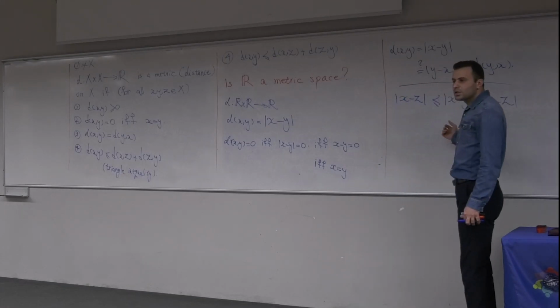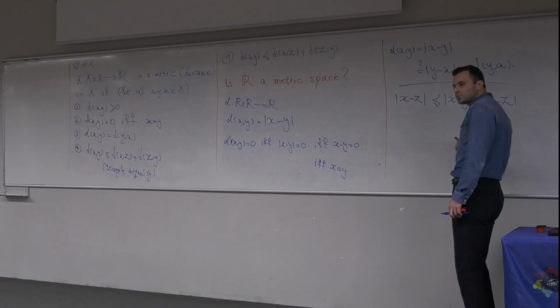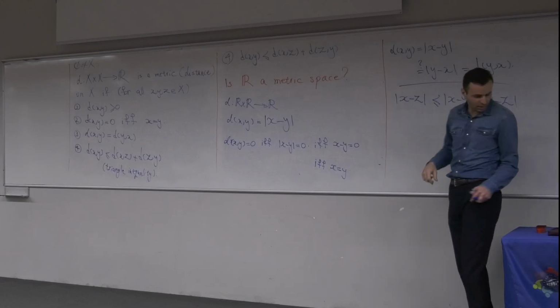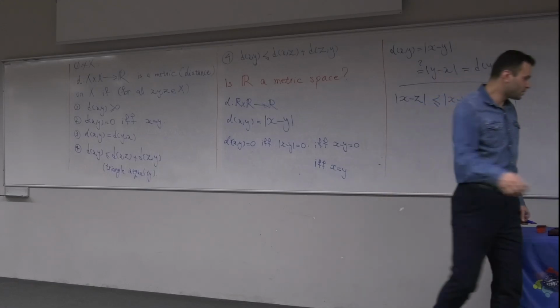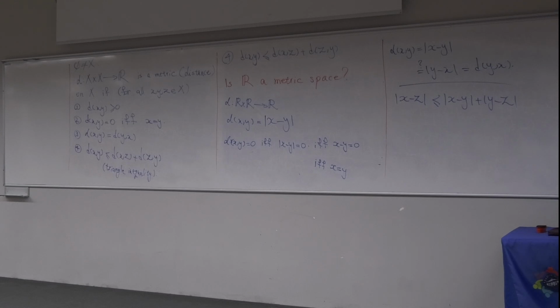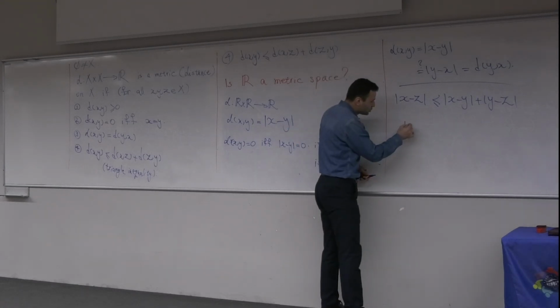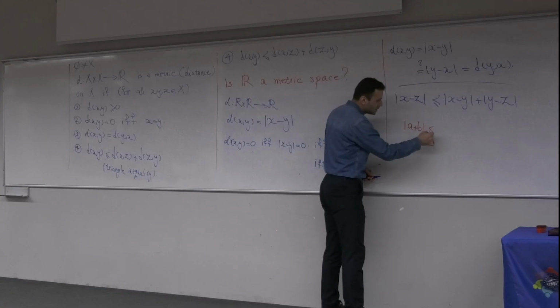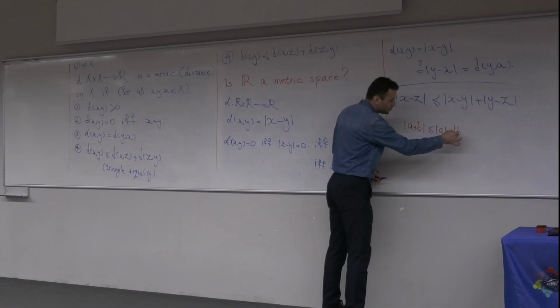What kind of expression did we have before about absolute value less than or equal to absolute value of something plus absolute value of something? That a plus b something. Can you please go back and review that? We said that absolute value of a plus b is less than or equal to absolute value of a plus absolute value of b, right?